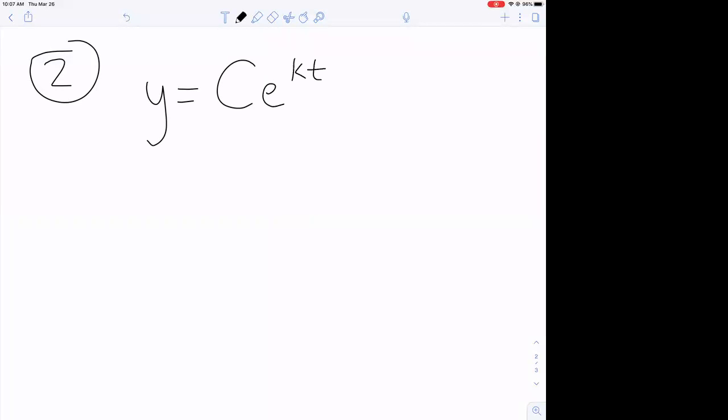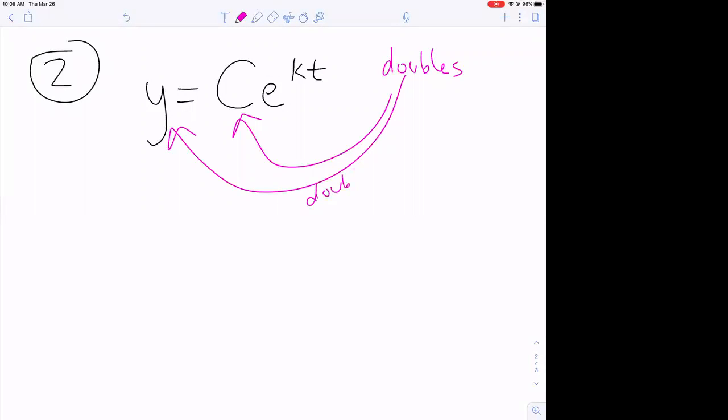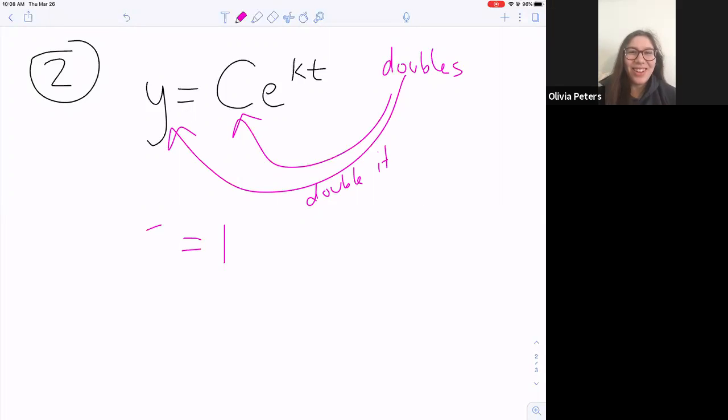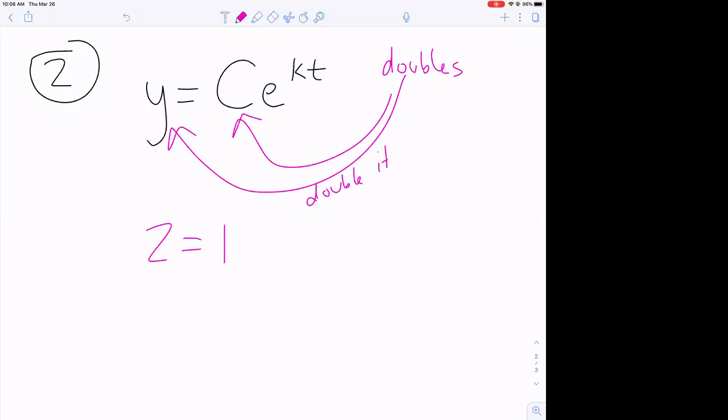Basically, what's really interesting, whenever you get the word doubles, that means you can plug in whatever you want here as long as you double it for there, if that makes sense. So what do you guys want to use as the original amount? 1. Yeah, 1 is 2, and you're like, woo! So that's nice. And then e to the, now that's only true as long as you have a 3 right here for the time. Is that okay for everybody?